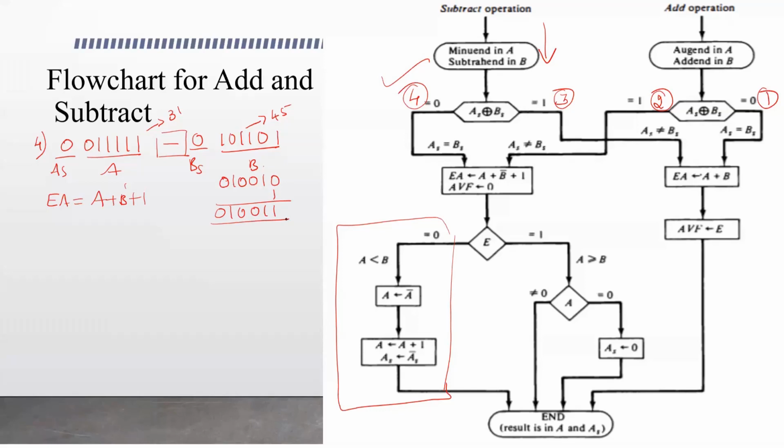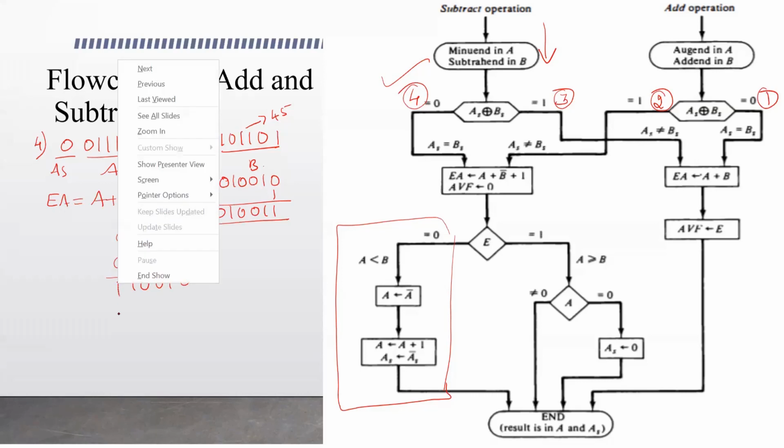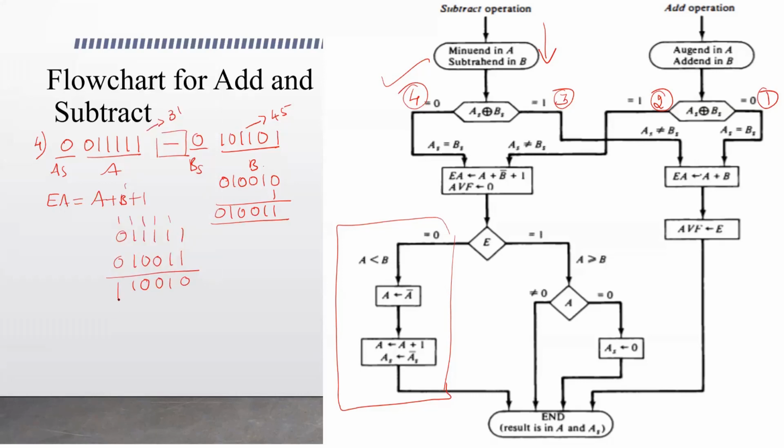This is the 2's complement of B. And to add to A, 0 1 1 1 1 1 and 0 1 0 0 1 1. When you add, 1 0 1 1 1 0 and here 1. So this is our result.